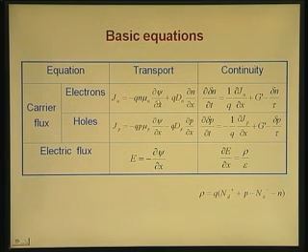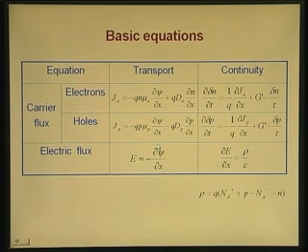So you can see here E is replaced by minus dou psi by dou x, where psi is the potential. Here the current is because of concentration gradient and potential gradient. The electric flux is because of potential gradient.